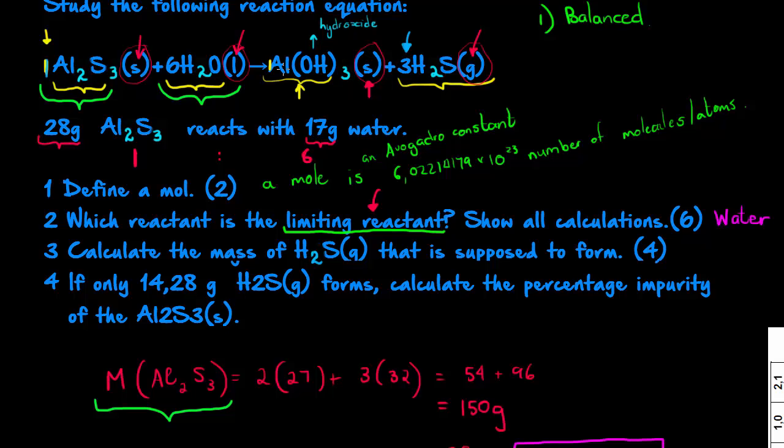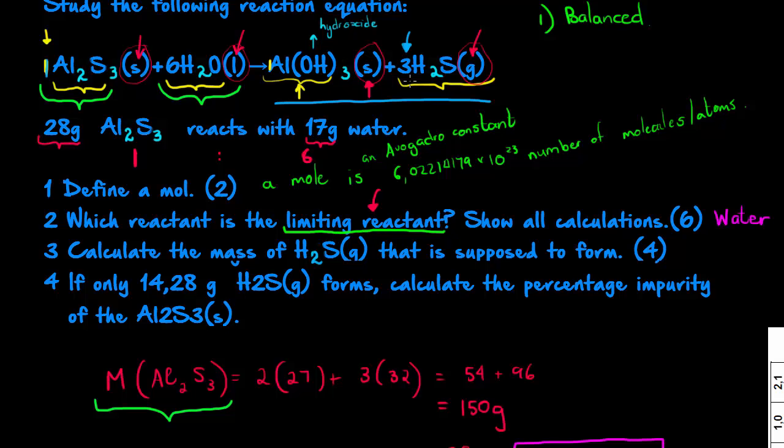If I compare it to water, water has 6, and I'm only making 3, which means I'm making half as much dihydrogen sulfide as water being used. It is very important to know that my products are dependent on the amount of the limiting agent that is being used up.